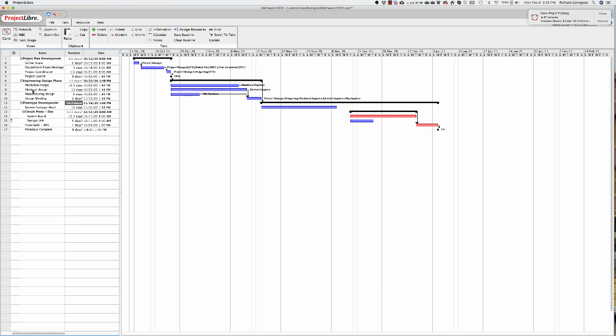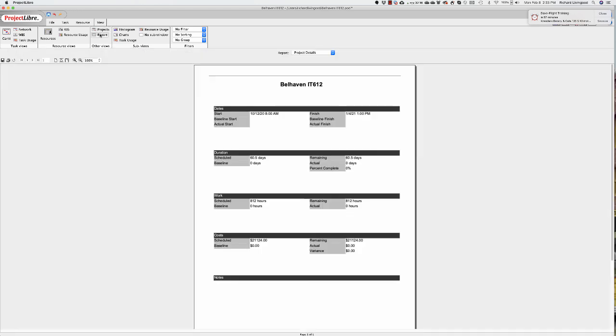So let's take a look now at the total cost of the project. So if we go to view and we go to report, this is a schedule of the durations, but I want to look at projects.